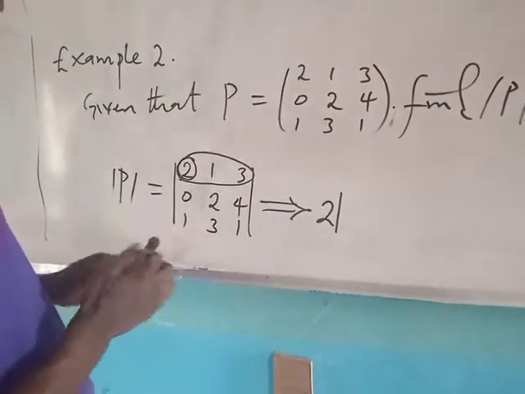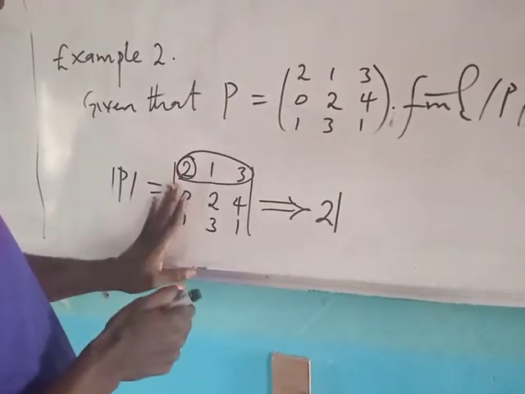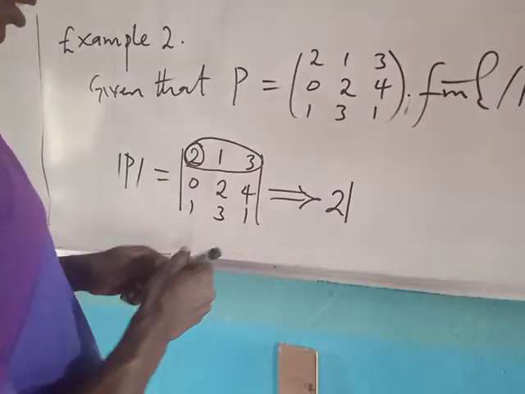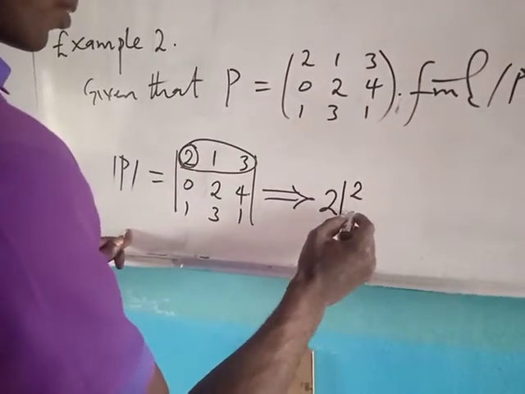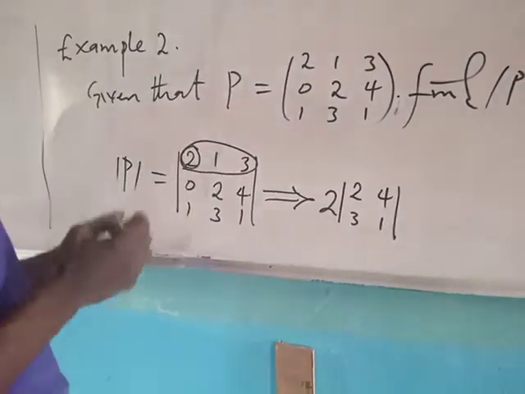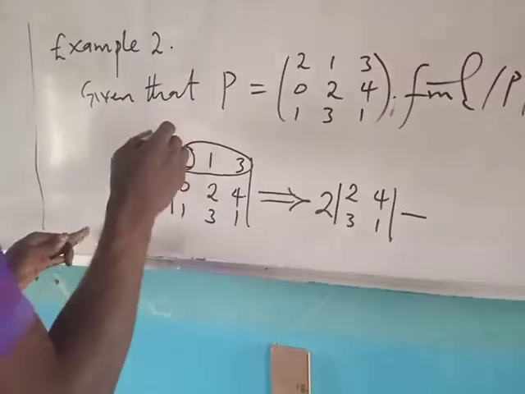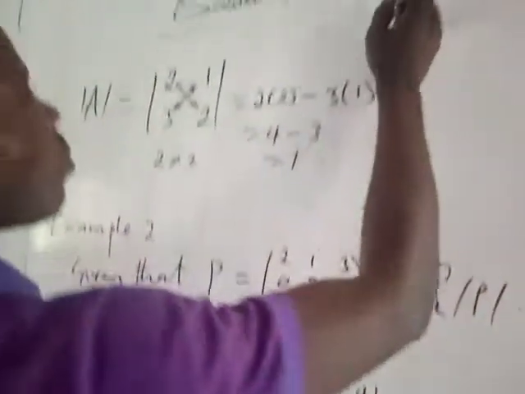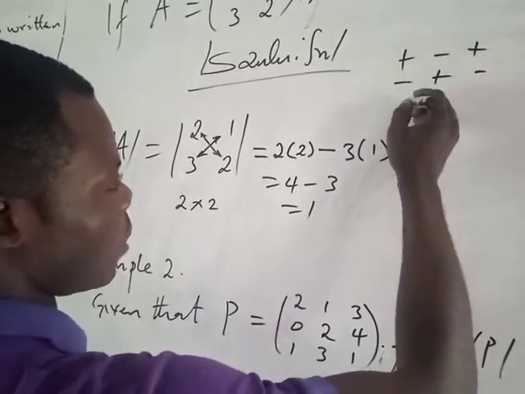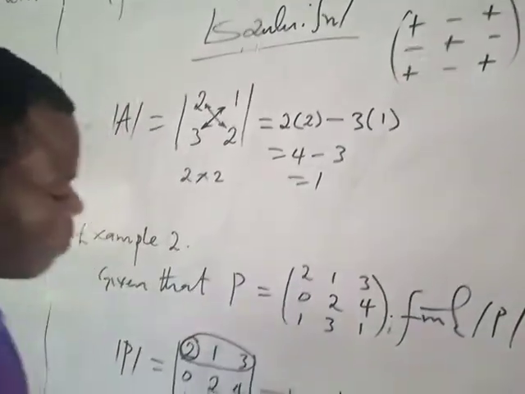Covering this row and column, we are using these 4 elements, that is, we are writing 2, 3, 4, 1. Of course we apply signs based on the matrix signs. So we have plus, minus, plus, then minus, plus, minus. For 3 by 3, plus, minus, plus.